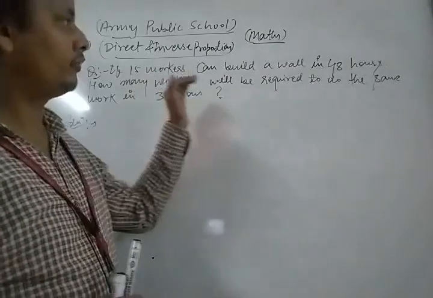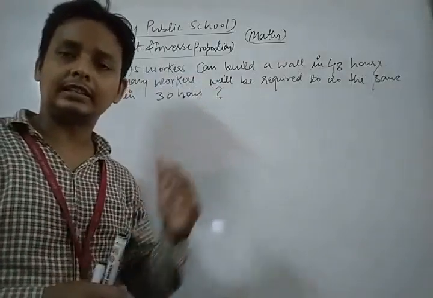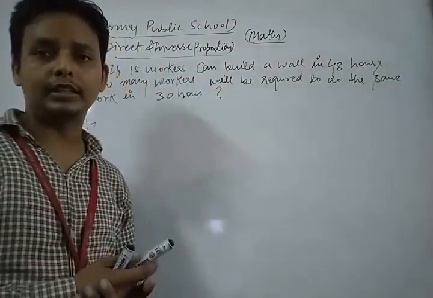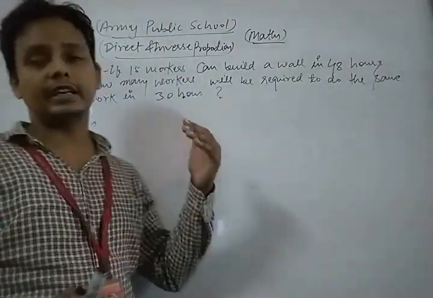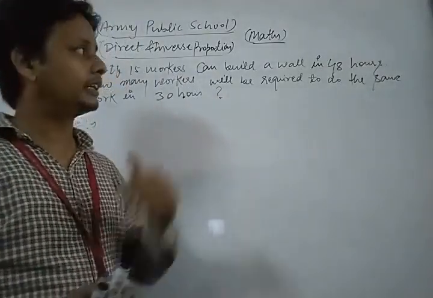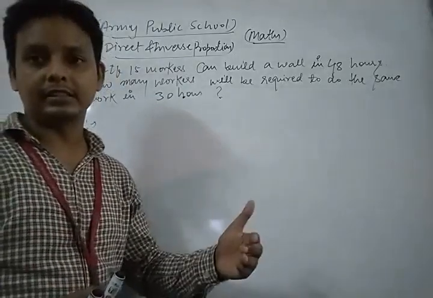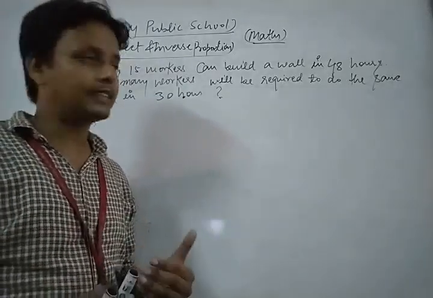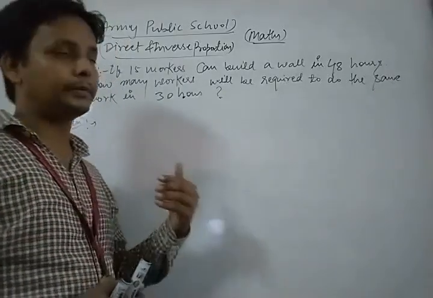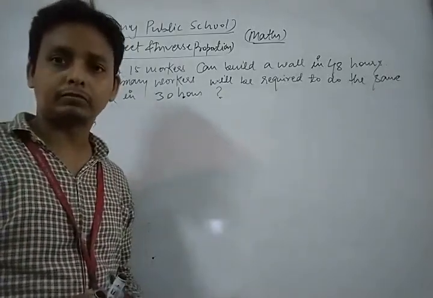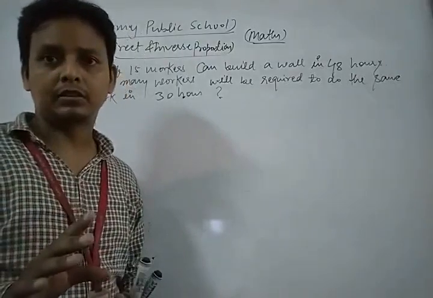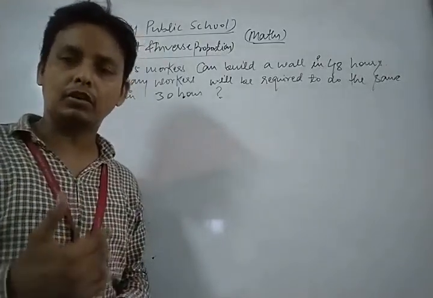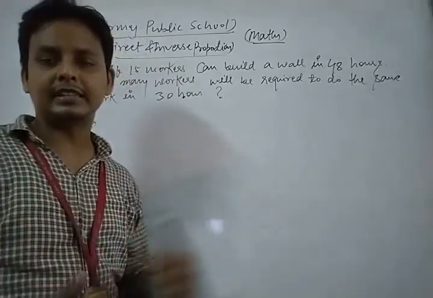If the number of workers increases, then the time taken to build the wall decreases. If the number of workers decreases, then the time taken to build the wall increases. So we can say that between workers and time taken to build the wall, the relation is inverse proportion. This means if one increases, then the other decreases.